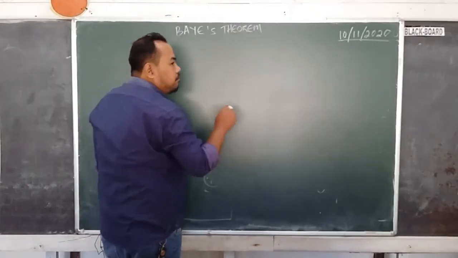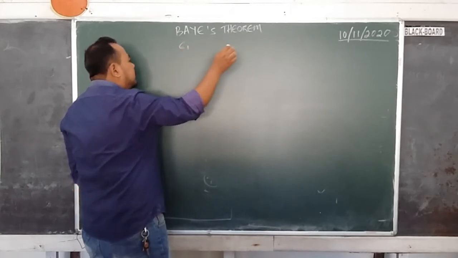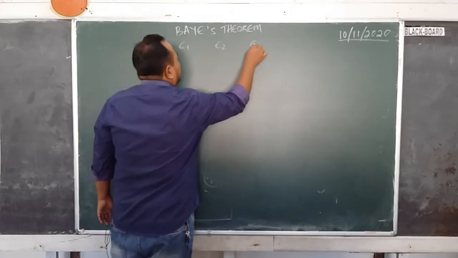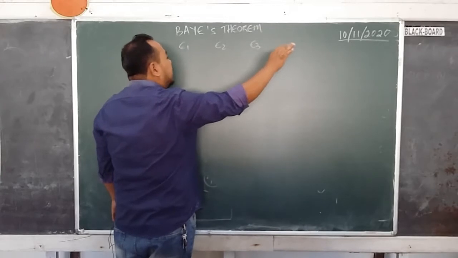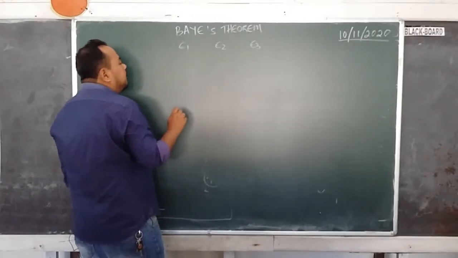So what Bayes theorem specifically says is, suppose there are n number of events, E1, E2, E3, E4, En. To make you all understand, I'll just take three events, E1, E2 and E3. Got it?